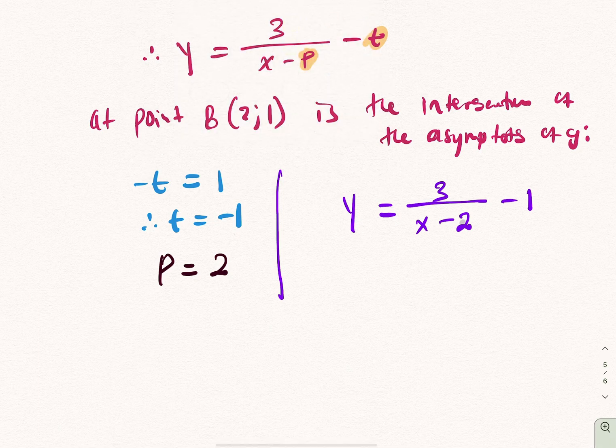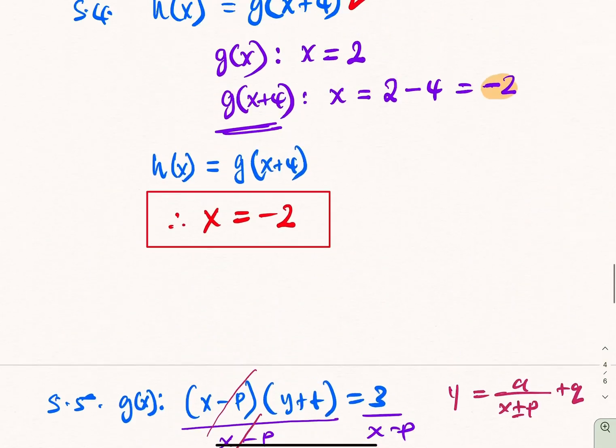If I say determine the vertical asymptote of this one, you are going to say that x minus 2 is equal to 0, therefore x is equal to positive 2, which is your p in the graph. So you must also observe the diagram to get the gist of what is happening.